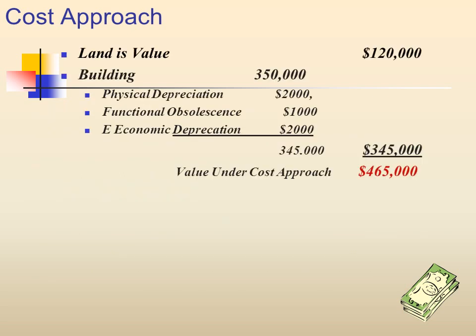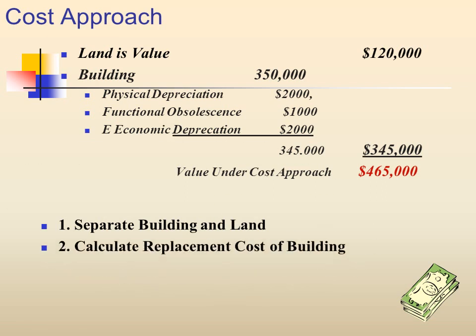Okay, let's take the numbers that we were just given and see if we can compute the value of this parcel by using the cost approach. And we remember that our steps were, we first separate the building and the land, then we calculate the replacement cost of the building, or reproduction cost, either one. We subtract for depreciation, and then we add back to the land.